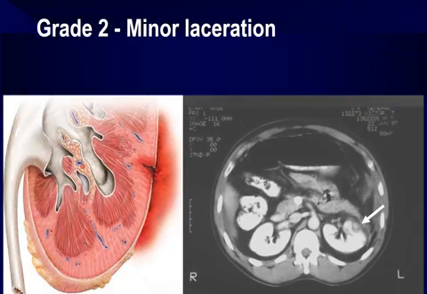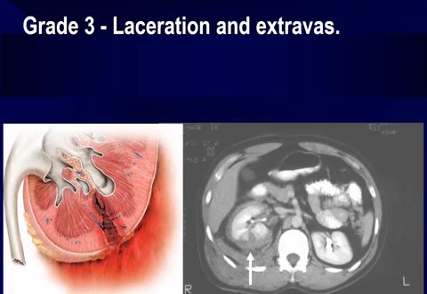This is an example of grade 2 with minor laceration of the renal parenchyma less than 1 centimeter. Another case with grade 3 is on the right side, and it shows a laceration with extravasation around the kidney.